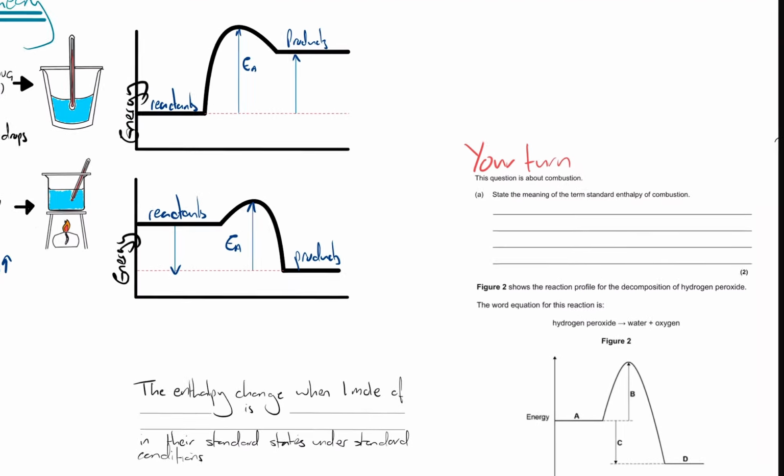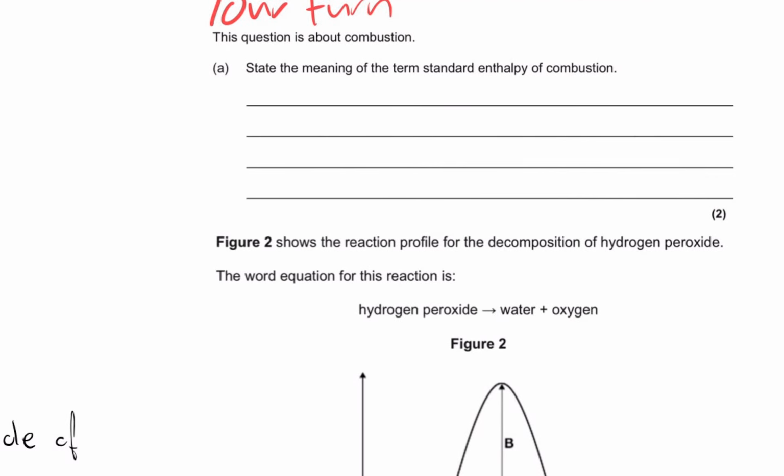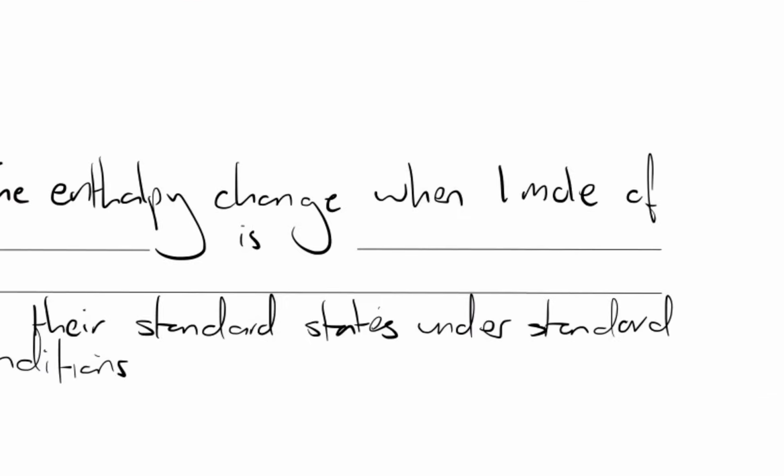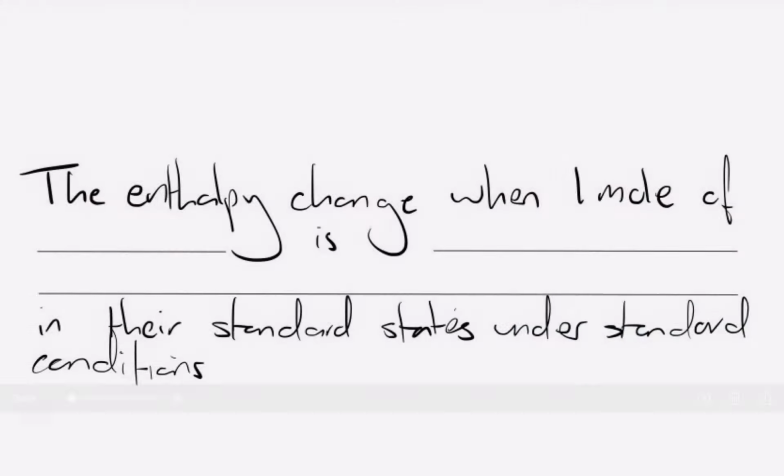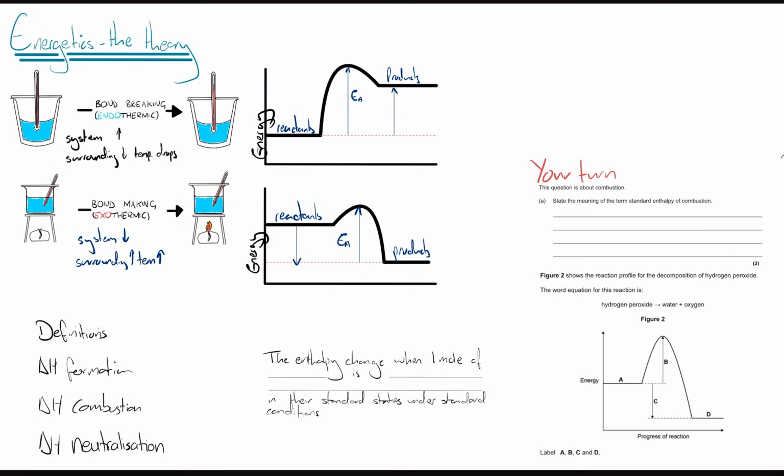So here, state the meaning of the term standard enthalpy of combustion. All that's asking for is our definition. And remember, we're always going to use this scaffolding when it comes to any enthalpy change.